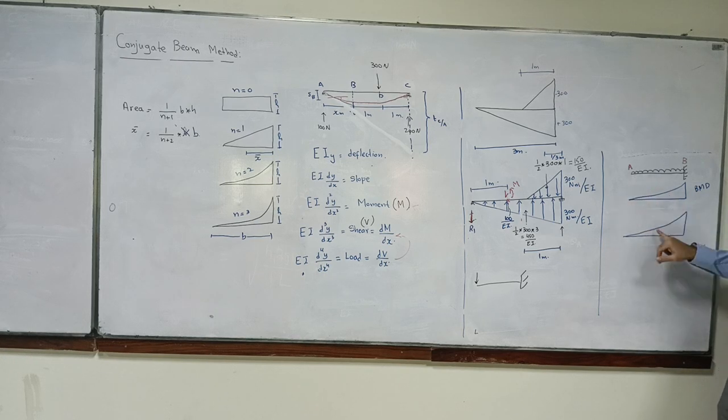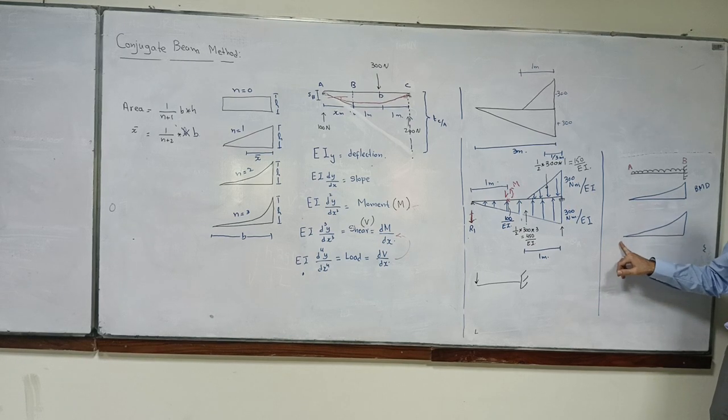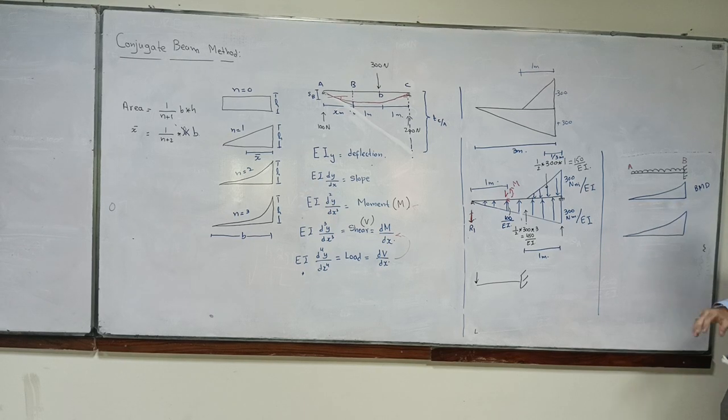If I put this thing over here and keep B as fixed, the moment at A will always be 0, isn't it? Do you understand my point? If I treat this as a load and apply it, what should I do? How can I overcome that?